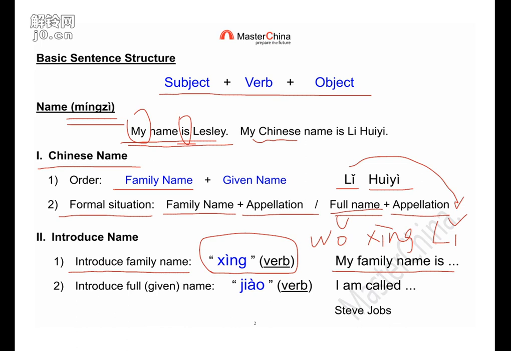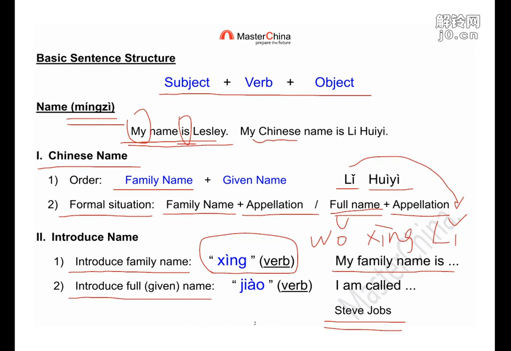So look at this. I take Steve Jobs as an example. When we introduce his family name, we say 他姓 Jobs. 他姓 Jobs. So we should say 姓. This is only for the family name. So how about the full name or the given name?